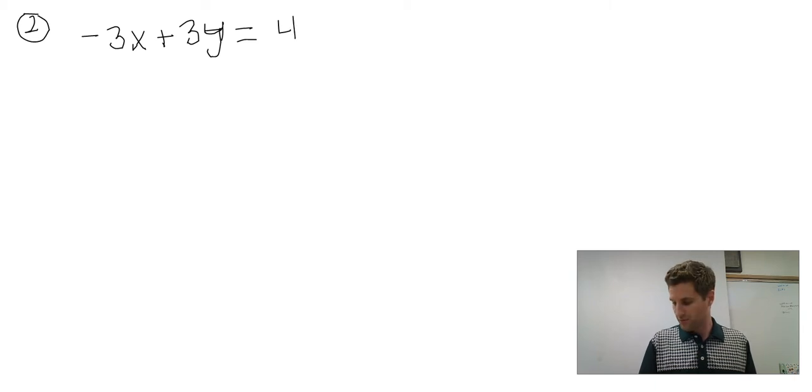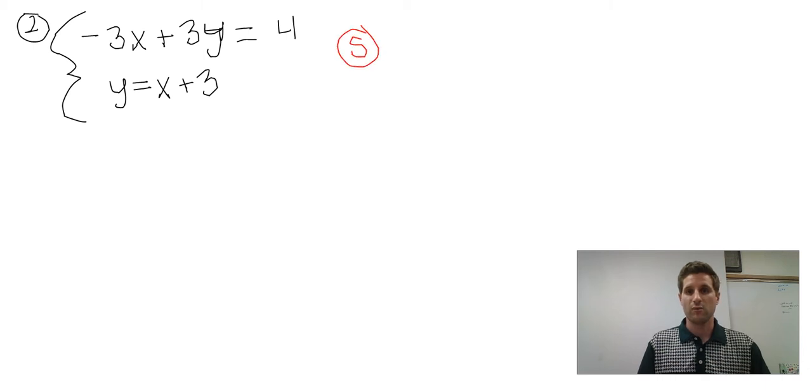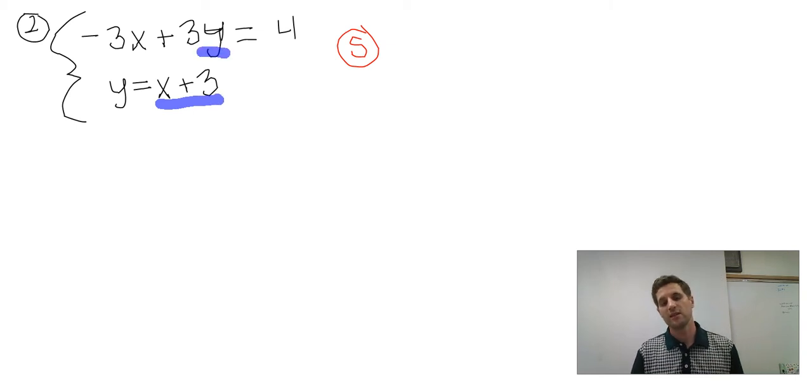And then we got y equals x plus 3. Now, we're not going to do elimination. This time we're going to do substitution. What I can tell from this is I have this piece right here, and I'm going to substitute it in right there. The reason why I'm doing that is because I know y equals x plus 3.